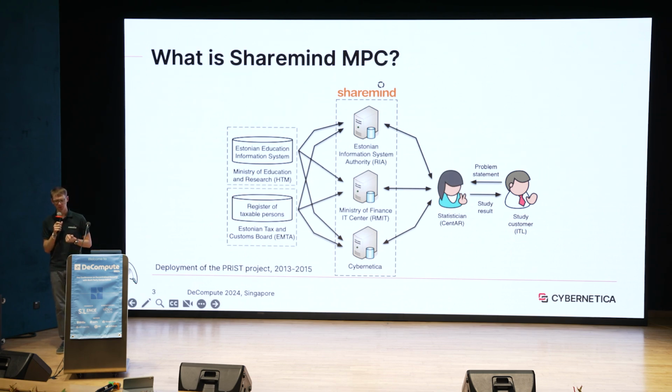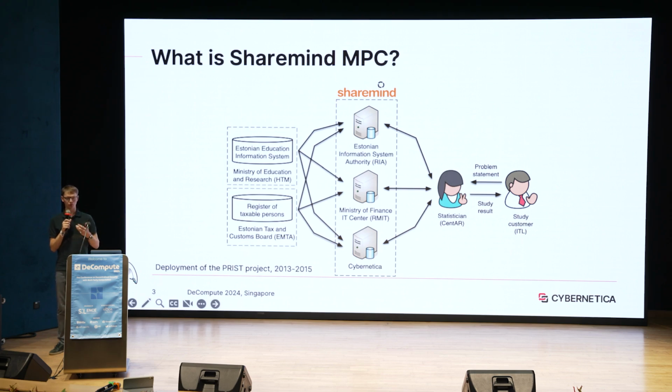What makes this deployment special is that the analysis wasn't actually done by us cryptographers, but rather professional statisticians. And for them, we implemented this privacy preserving version of R, the statistical analysis tool. R is open source.